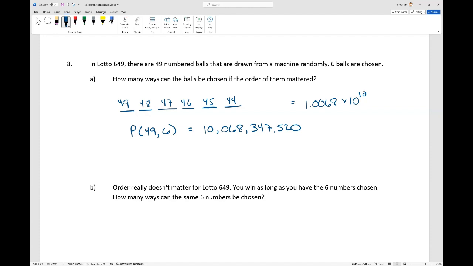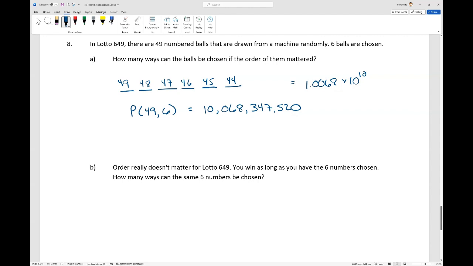Now, I'm going to point out that the order really doesn't matter with Lotto 649, as I mentioned earlier. So how many ways could we rearrange the 6 numbers once they've been chosen? So for instance, if the numbers 6, 5, 4, 3, 2, 1 are chosen in that order, how many different ways could that appear on a ticket if the order mattered? So it could appear again as 6, 5, 1, 2, 3, 4, or something like that.